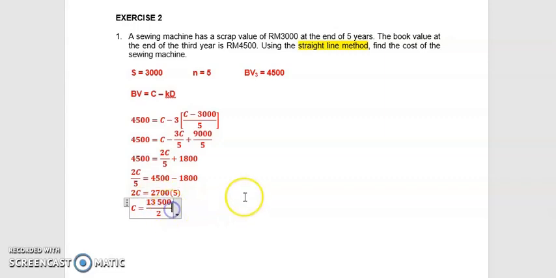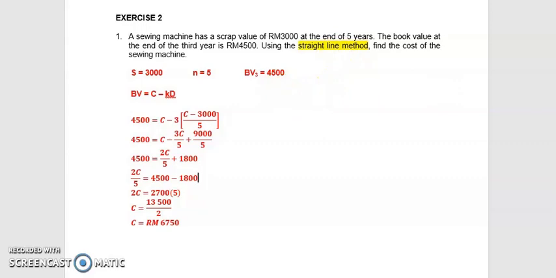So C equal to RM 13,500 divided by 2 is 6,750. Okay, so that's how you can find value C based on straight line method. Look at what are the info that you have.